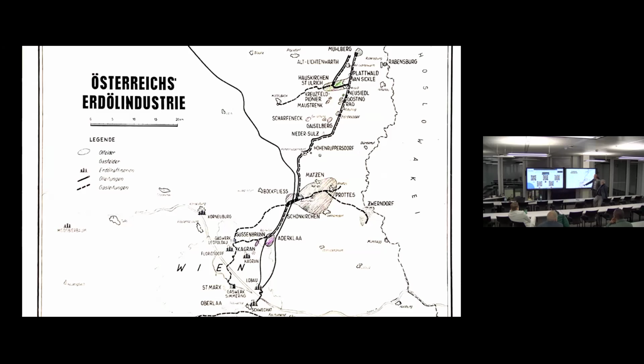If you take the S-Bahn to Gänserndorf, this brings you here. Here's Gänserndorf, and the pond is between Gänserndorf and Prottes, so it must be something like here. There we have some of these ponds.